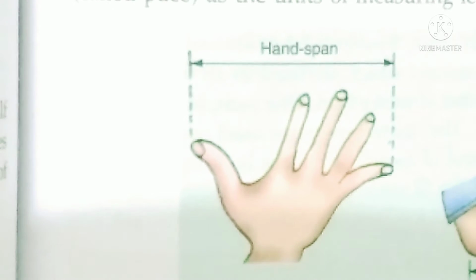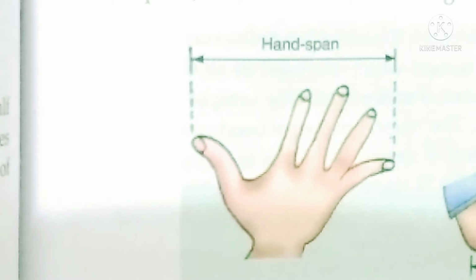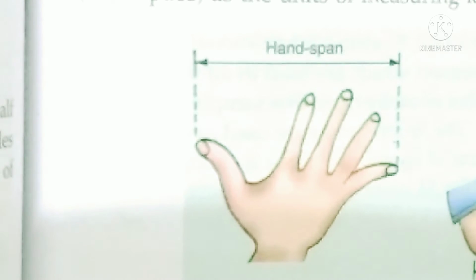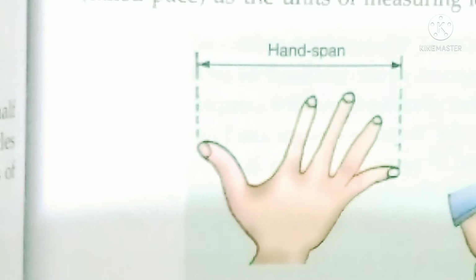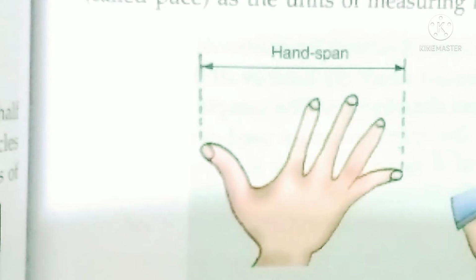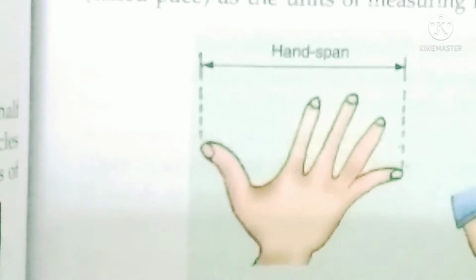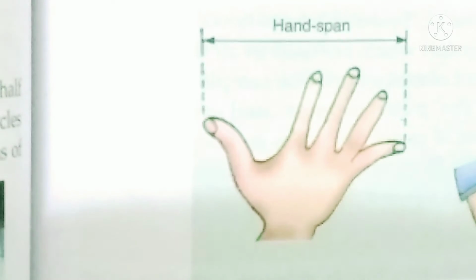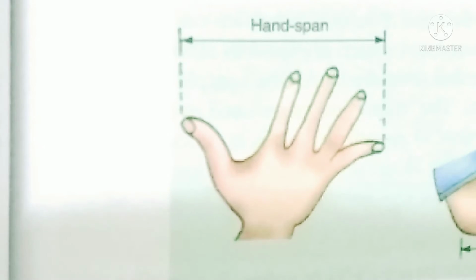Now we know centimeter, meter and all those things. But if you ask your grandparents or very aged persons in your house, they will tell you that in their young age they never used pencil or scale or any such things.